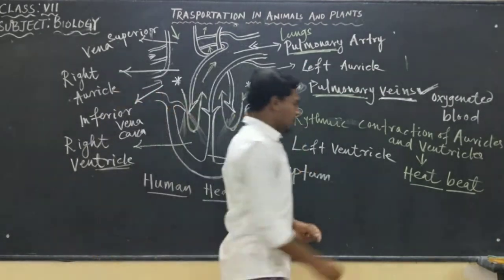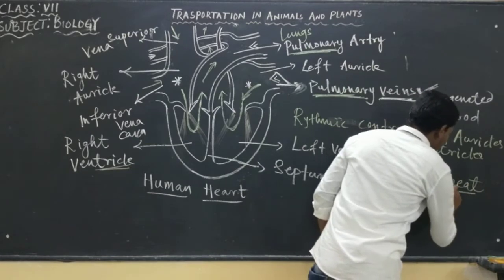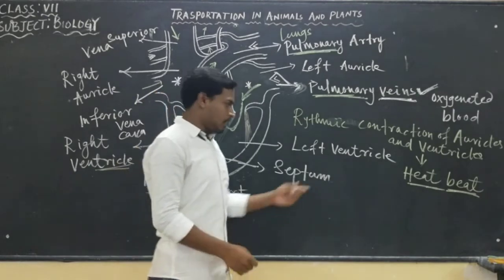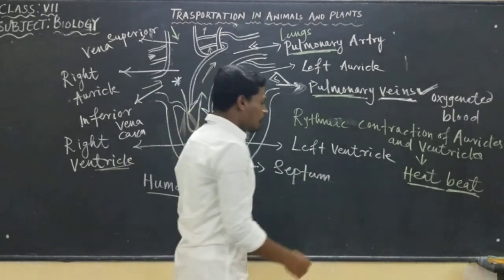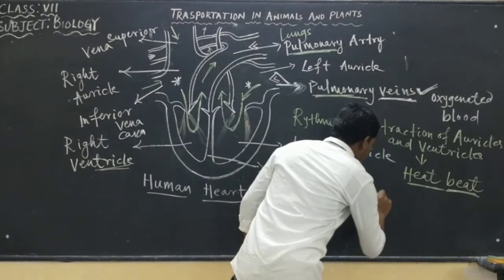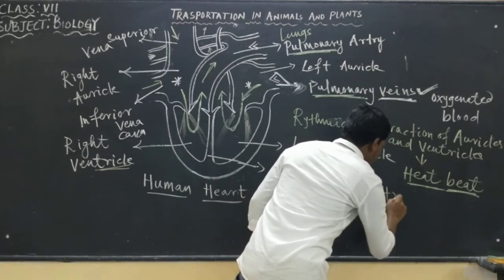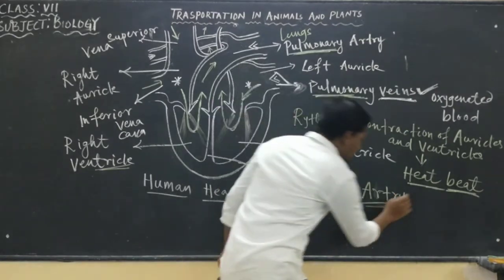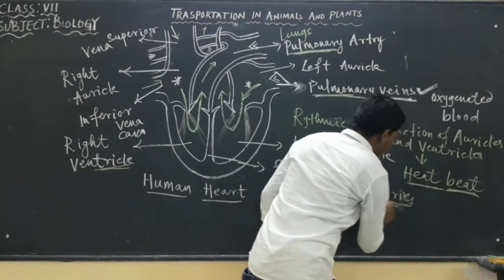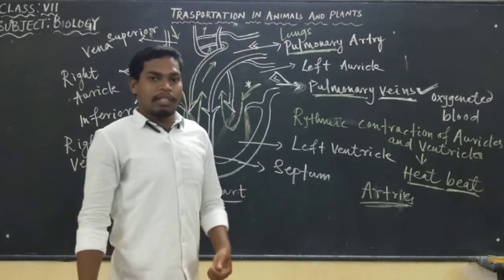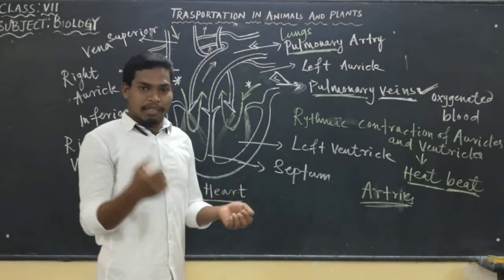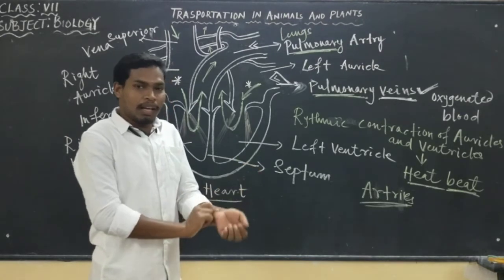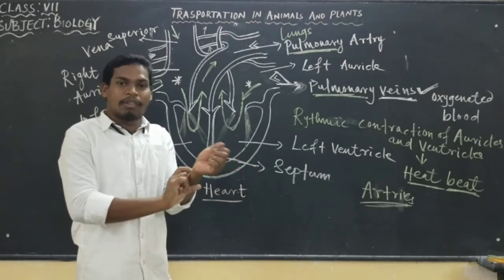Each heartbeat generates one pulse in the artery. So we check our pulse rate by placing our thumb or index finger deep into the artery, at the upper part of our wrist.